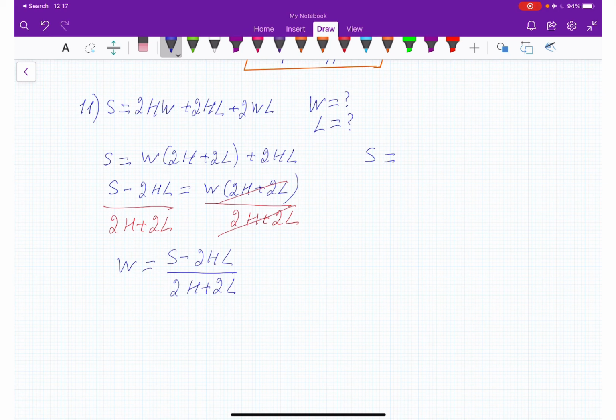S is equal to 2HW. Now, from this and this term, I'm going to take out L. So plus L taking out, 2H plus 2W. Okay? Next, I am flipping on the other side, 2HW.